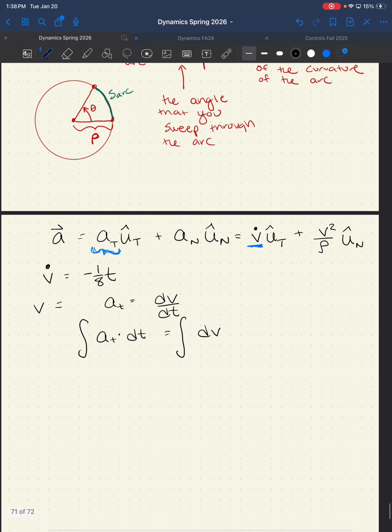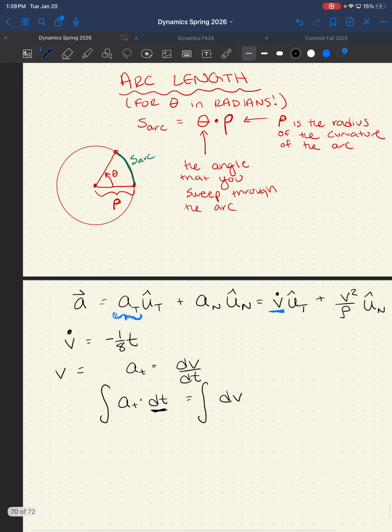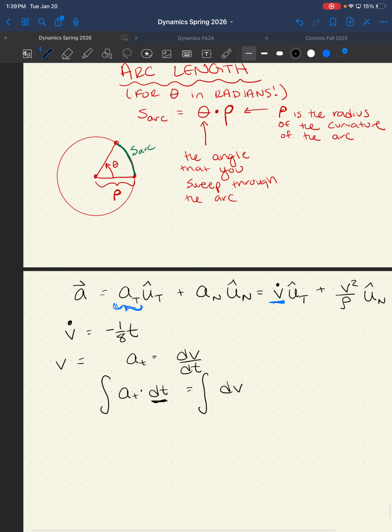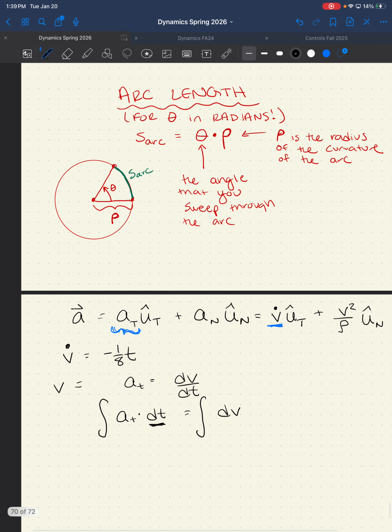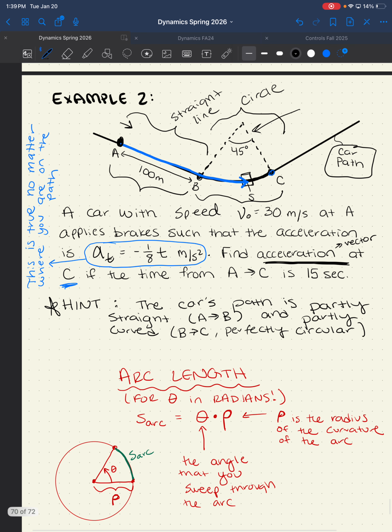If I plug in 15, I get minus 1.87 meters per second squared. If you want to go through more slowly and check your answer, acceleration at t equals 15 is equal to minus 1.87 u hat t plus 16 squared over 356 u hat n.